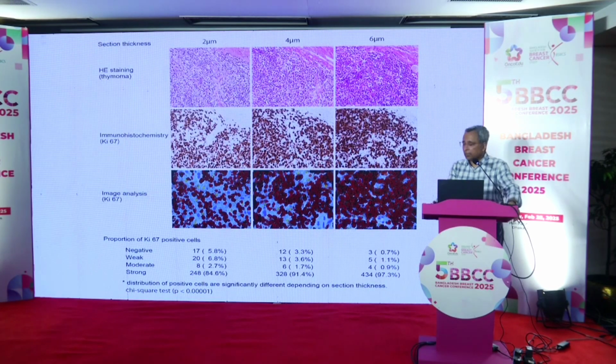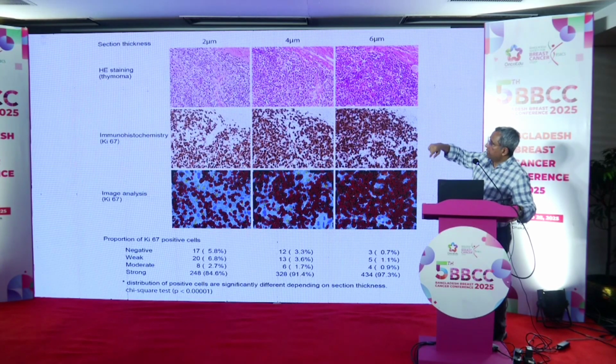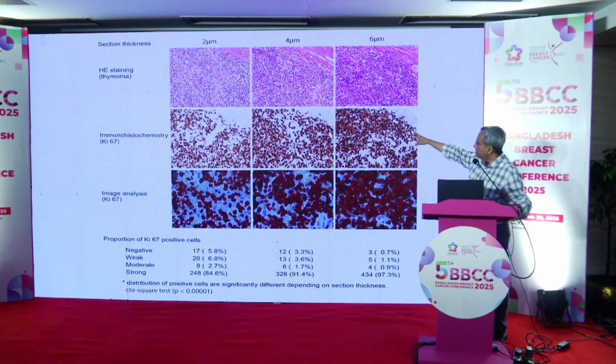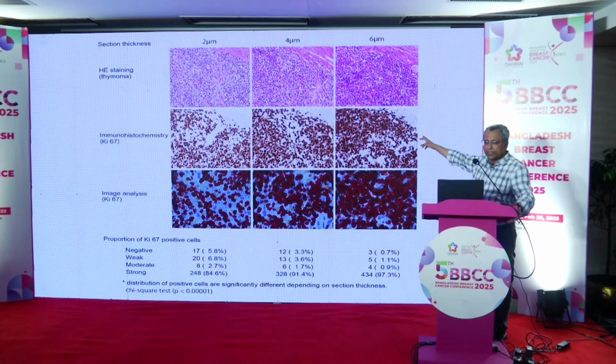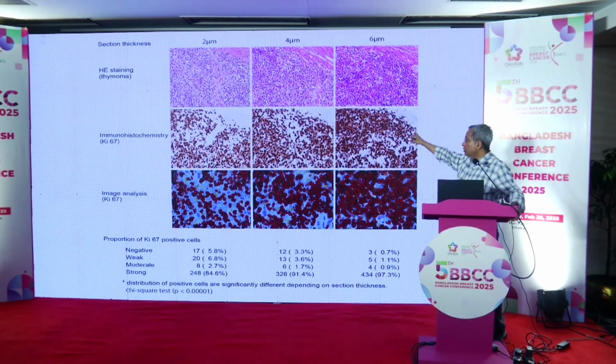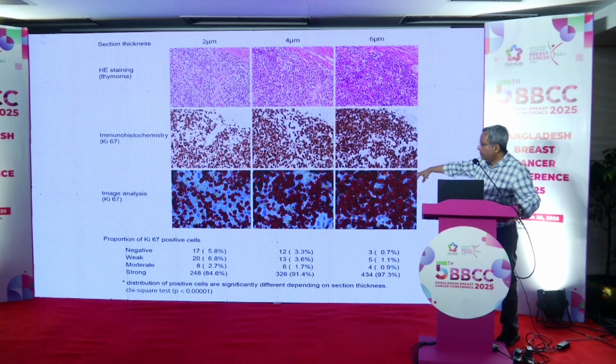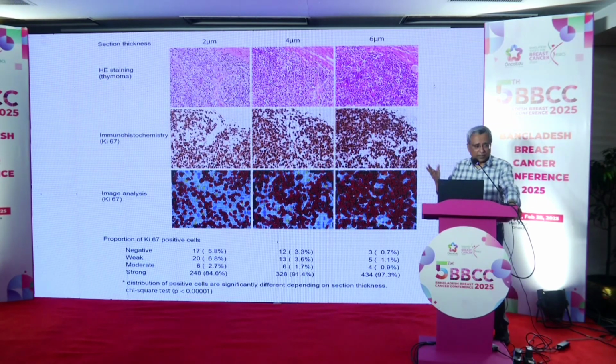Okay, so here is another example of section thickness. The first on the left is the 2 micron, and on the right this is 6 micron. So you can see the difference even in immunostain. Because of the thickness, you see a lot of cells in this slide. And the lower panel is showing AI assisted analysis.